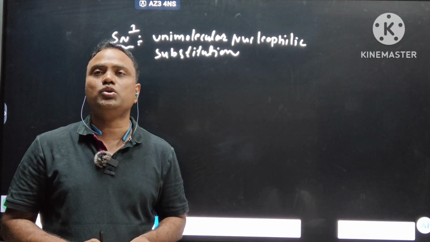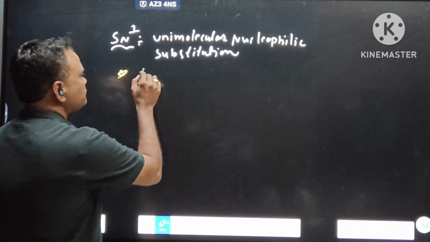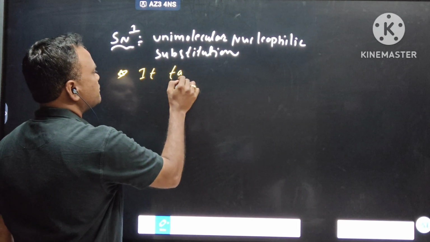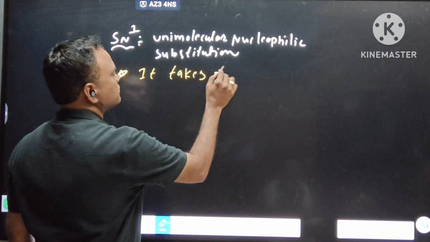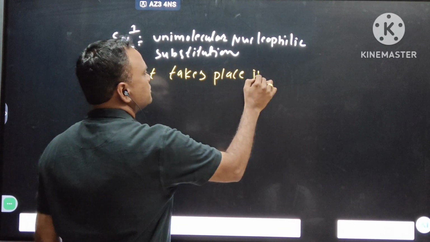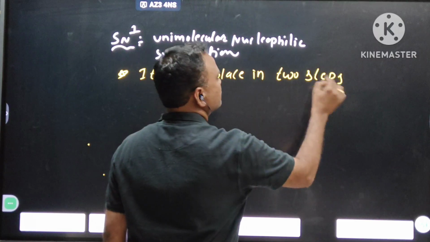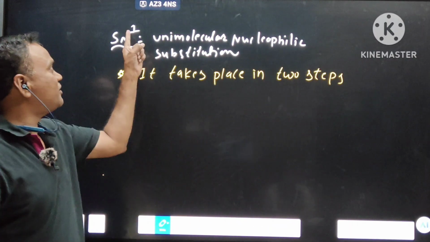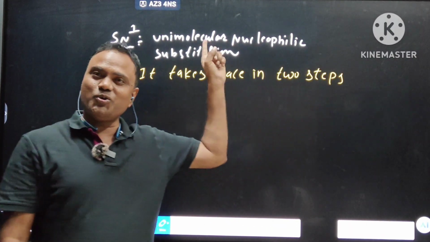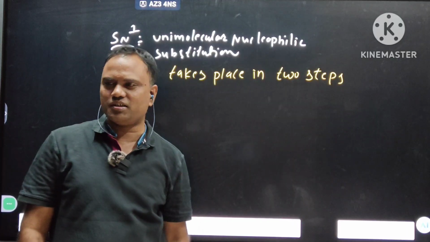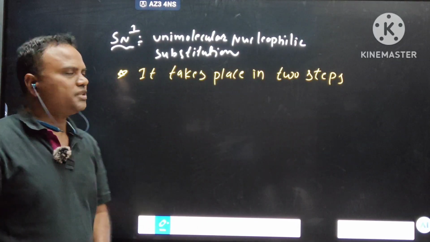SN1 takes place in 2 steps. See, it is reverse: 1 means 2 steps, 2 means 1 step. Remember like that.